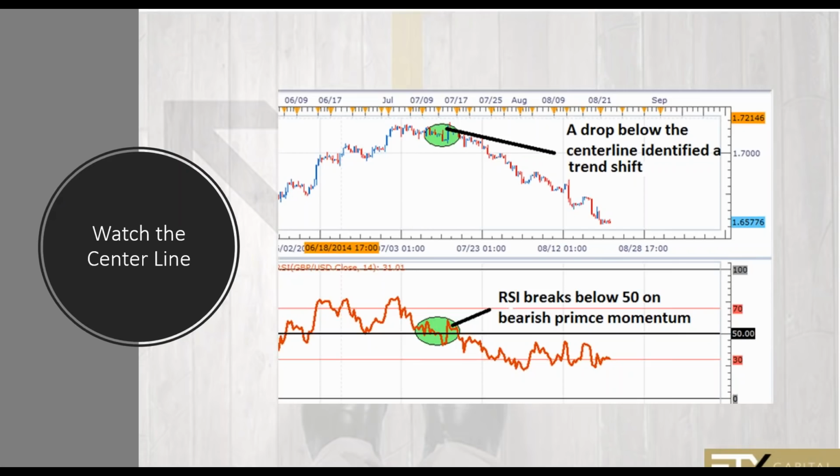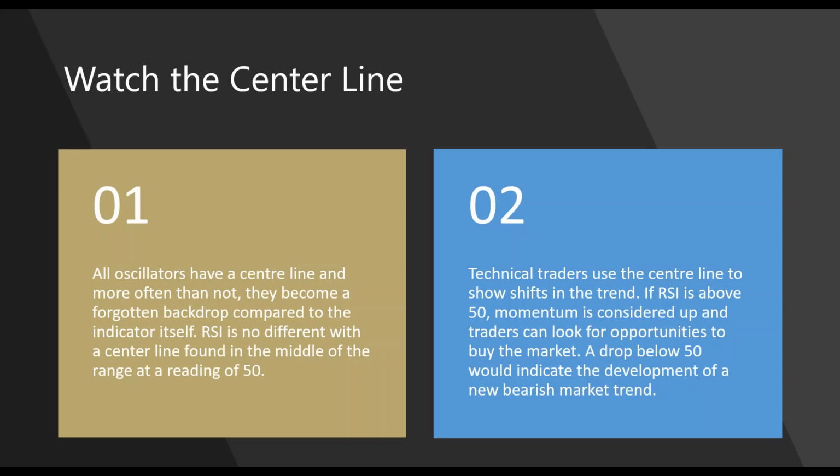So always keep an eye on the center line. All oscillators have center lines, and more often than not, they become a forgotten backdrop compared to the indicator itself. RSI is no different. A center line is found in the middle of the range at 50. Technical traders use that center line to show shifts in trends.